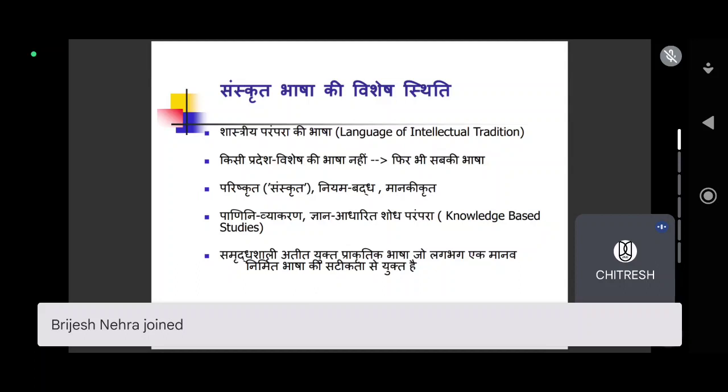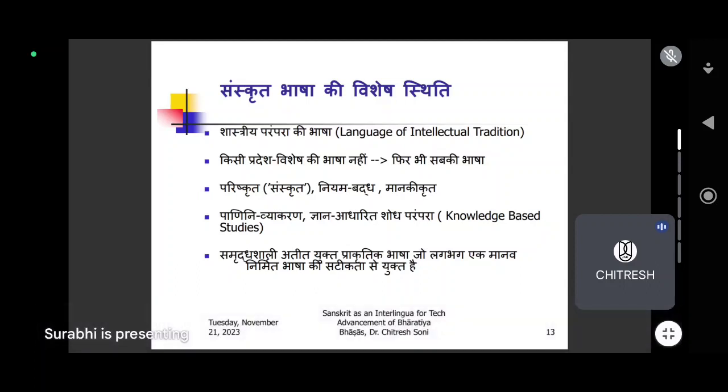Then it should also be, second, not the language of any region or foreign land, yet the language of all. It should be a language of representation. It is not spoken in any state. It represents all the languages, and it was present during all the time frames when all other languages were flourishing or originating.